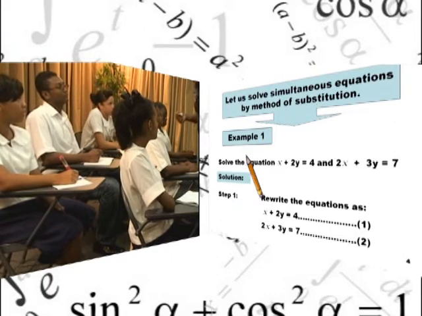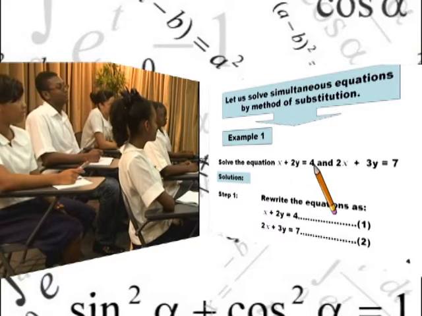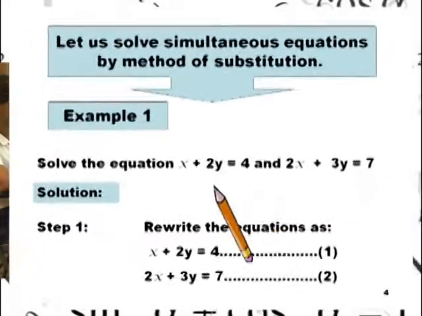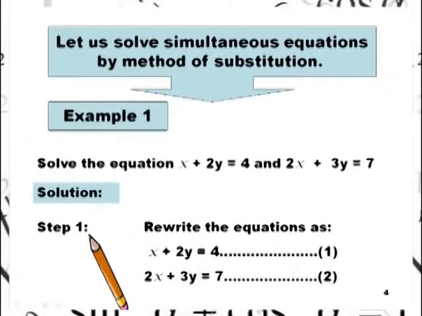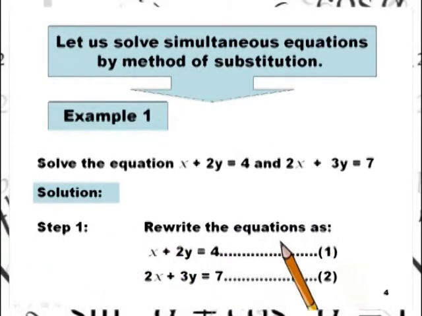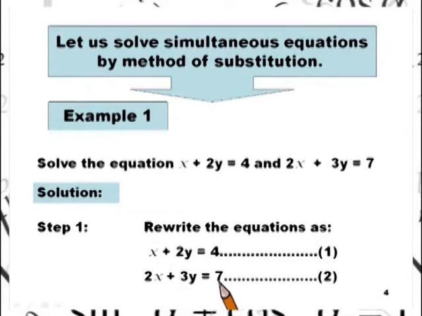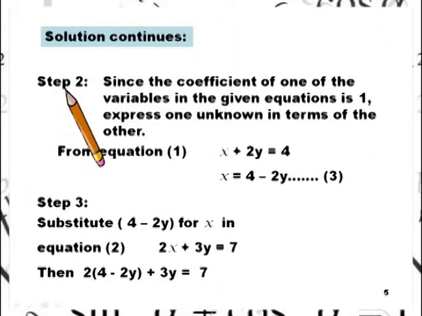Example 1. Solve the equations x plus 2y equals 4 and 2x plus 3y equals 7. Solution, step 1. Rewrite the equations as x plus 2y equals 4, equation 1, and 2x plus 3y equals 7, equation 2. Step 2.